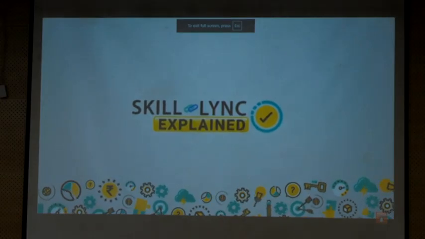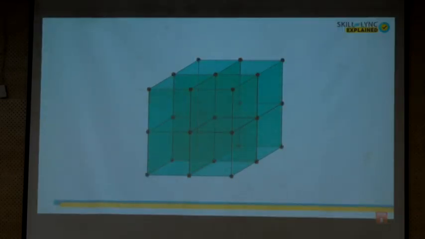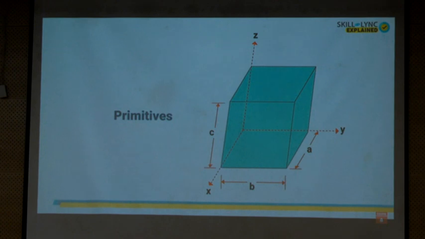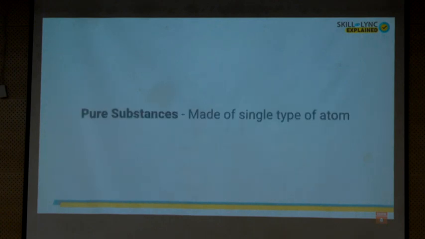Hey guys, welcome to SkillLink. We are surrounded by a large number of objects, and each object has its own properties. In one of our previous videos, we saw different types of crystal structures that contribute to the properties of the materials. But there, we've covered only the structures of solids made of a single type of atom, in other words, pure substances.